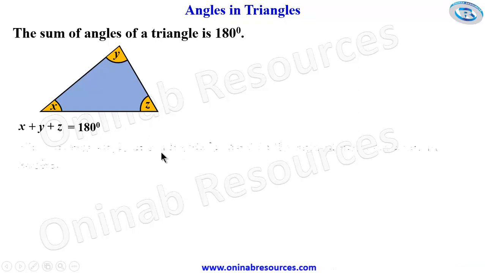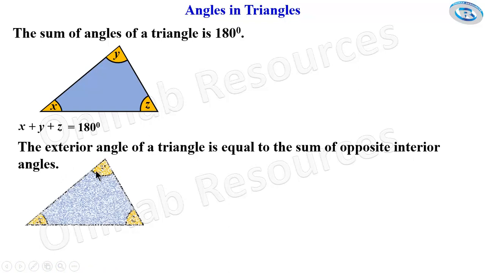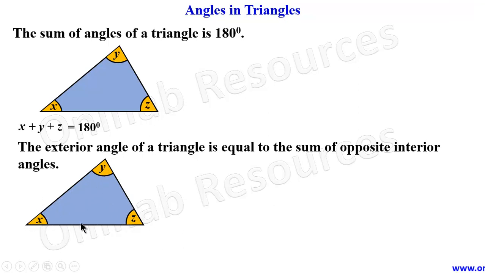Also, the exterior angle of a triangle is equal to the sum of opposite interior angles. We can also demonstrate that one here. We have the triangle here. If this side is extended, still a straight line, it must be a straight line before it can be an exterior angle.